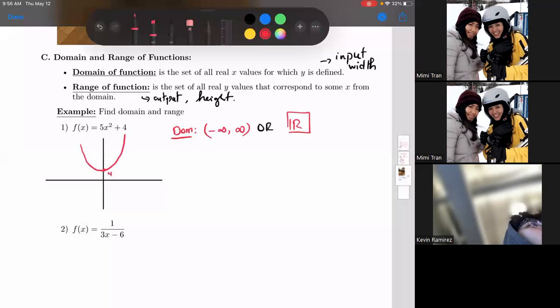If someone gives me that answer, I'll take that as well, unless I specify interval notation. The range will be, so how would I write that in interval notation?